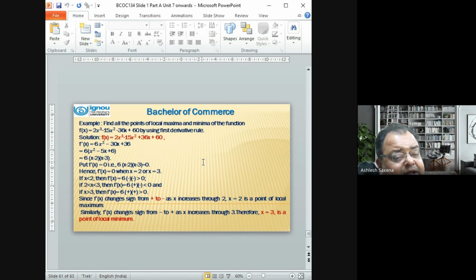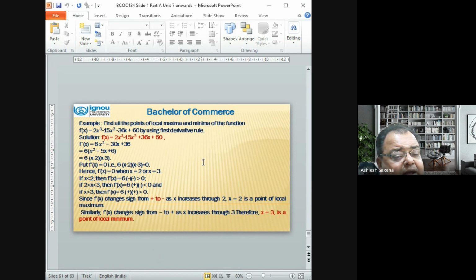Here you will see that your derivative is 6 into x minus 2 into x minus 3. That means you have two values, 2 and 3, to study: less than 2, more than 3, and between 2 and 3.